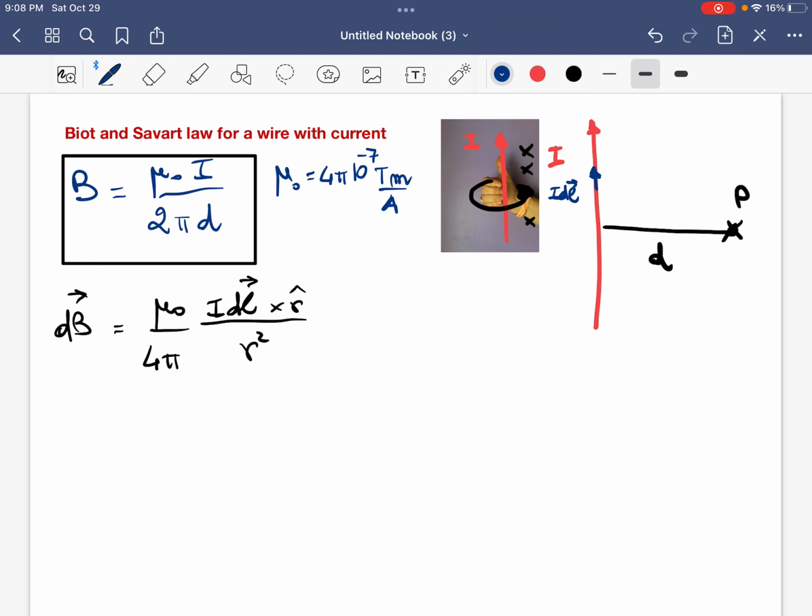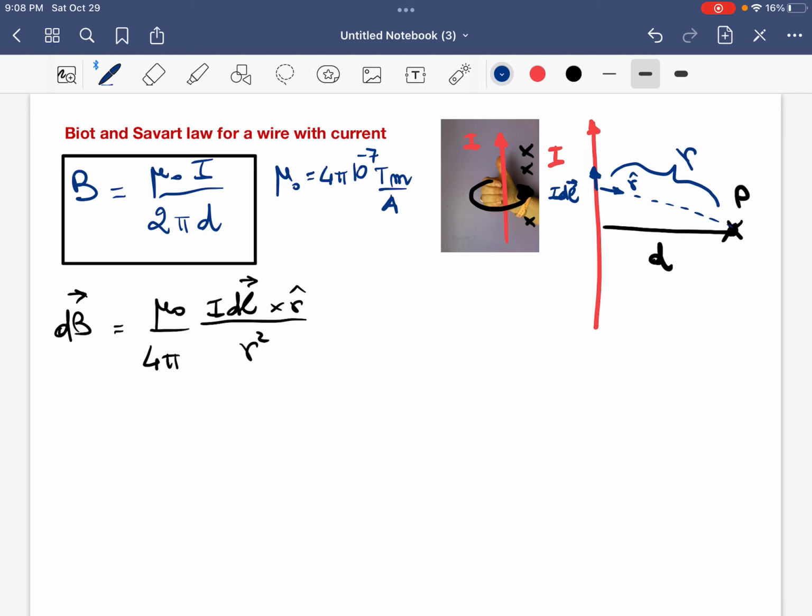And then I connect this tiny infinitesimal amount of current with the point P. That dotted line will be my distance r to the point P, and this small vector that I'm about to draw is my r hat, the unit vector r hat along the direction of the vector r.